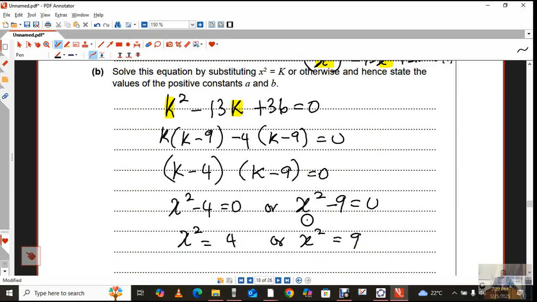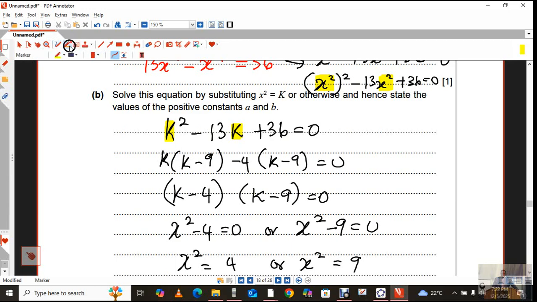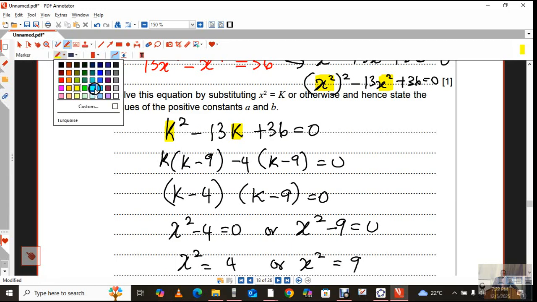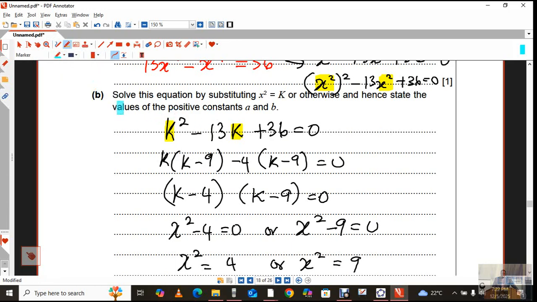Now, when you are taking the square root, you're going to have a positive and a negative value. However, the question tells you that the values of the constants should be positive. So we are only going to take the positive.